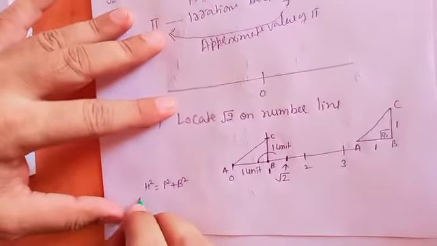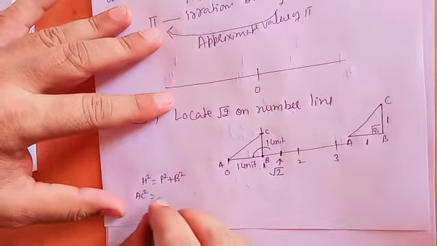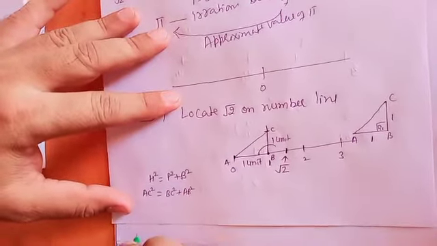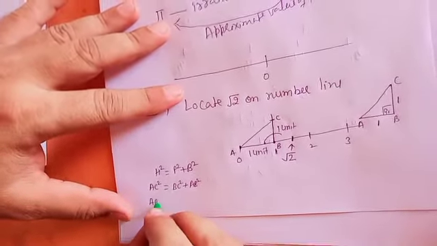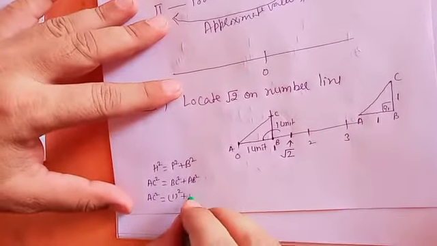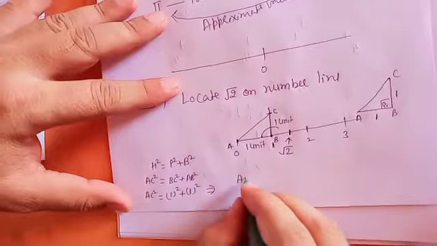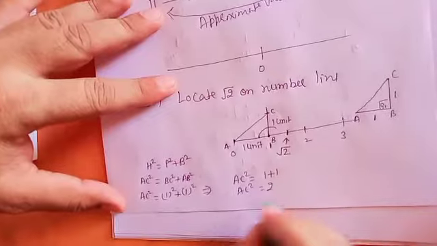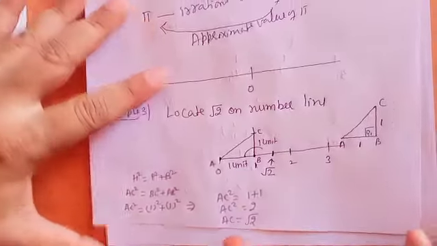Here AC square is equal to BC square plus AB square. So AC square is equal to square of 1 plus square of 1. This implies AC square equals 1 plus 1. AC square is equal to 2, and so AC equals under root 2. This is the reason behind it.